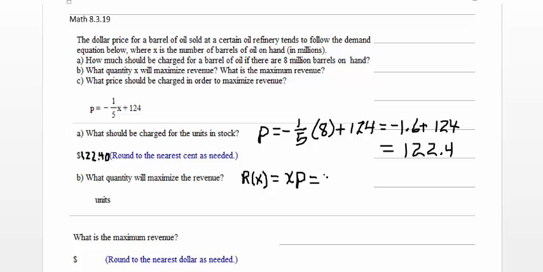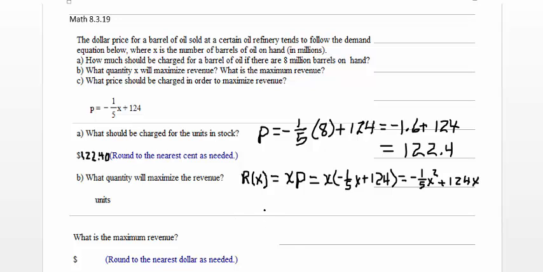But P is minus 1/5 X plus 124. So the revenue function is minus 1/5 X squared plus 124X.